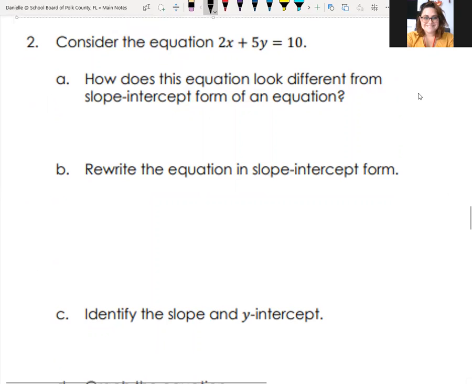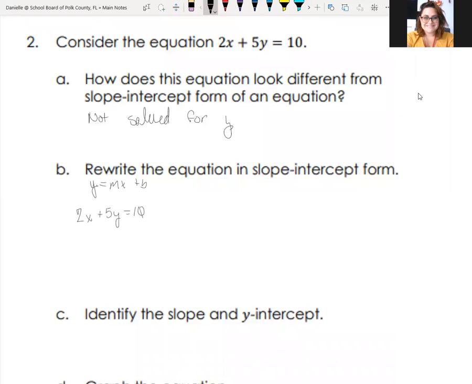Consider this equation. How does it look different from slope-intercept form? Notice it's not solved for y. So if we were to rewrite it, we want y equals mx plus b, which means I need to get y by itself. So let's go ahead and rewrite the equation. First thing I want to do is move that 2x.